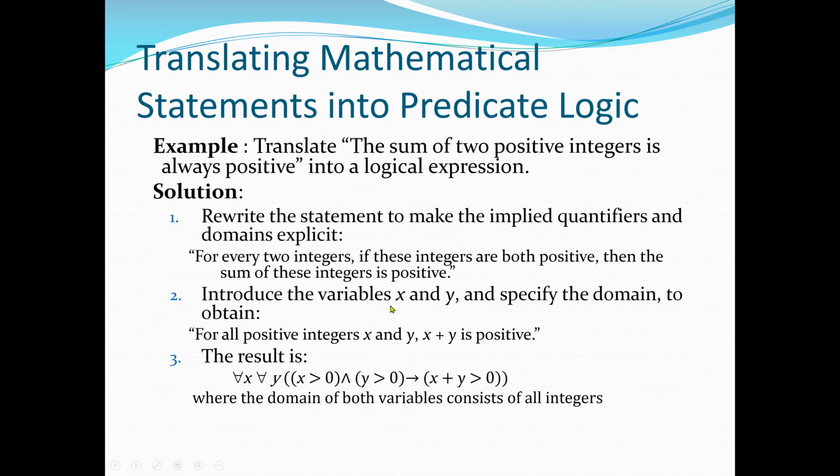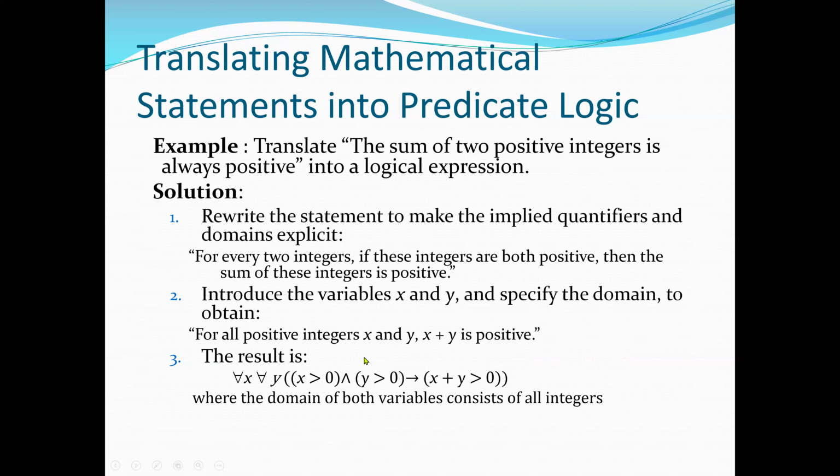We introduce the variables x and y and specify the domain to obtain: for all positive integers x and y, x plus y is positive. Because they said that the sum of two positive integers is always positive.